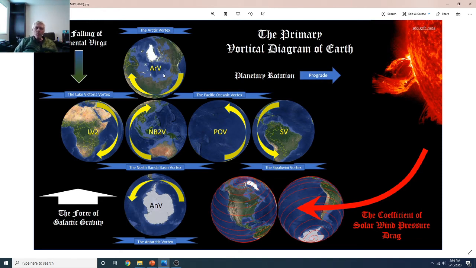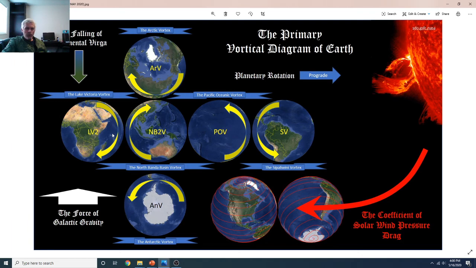Here's another example. The Arctic vortex is rotating clockwise. The Antarctic vortex is rotating counterclockwise. And when you put them together, they're rotating like this, going the same way. But if you do it like this, they're going opposite directions. You get the same thing when these guys get paired off.